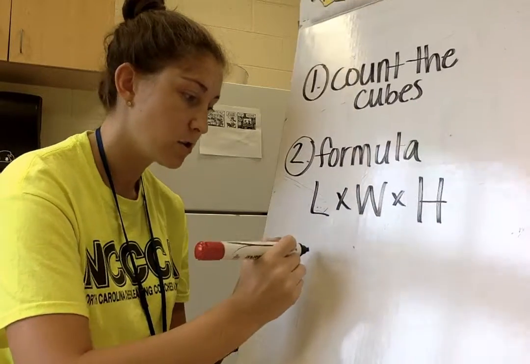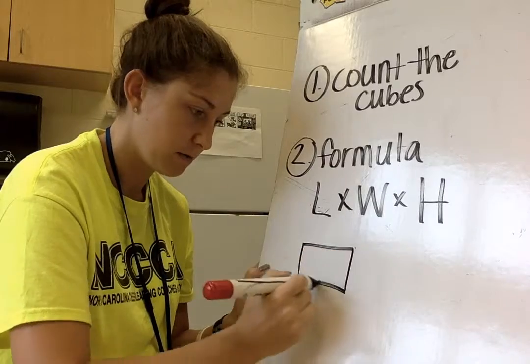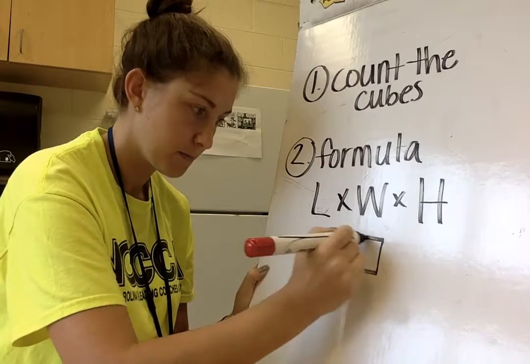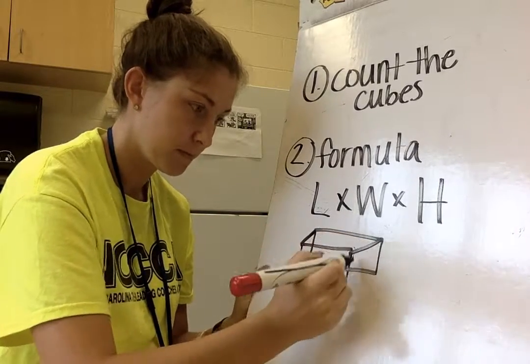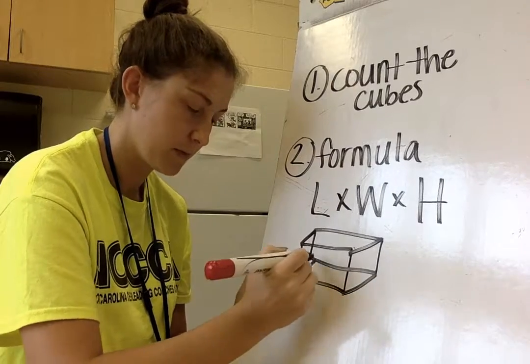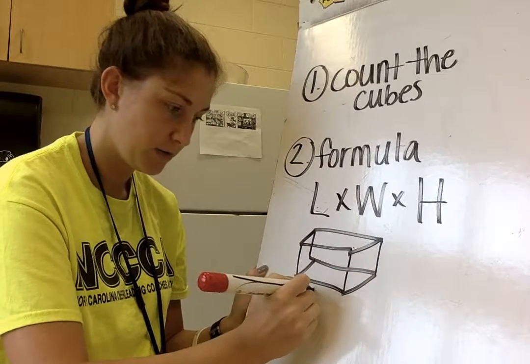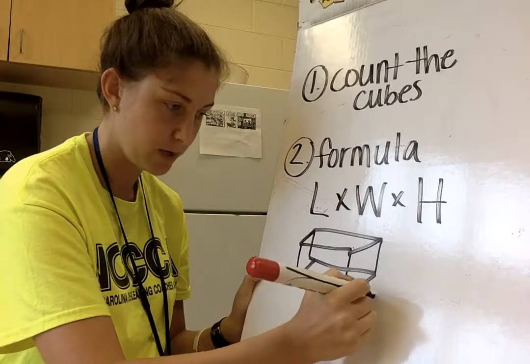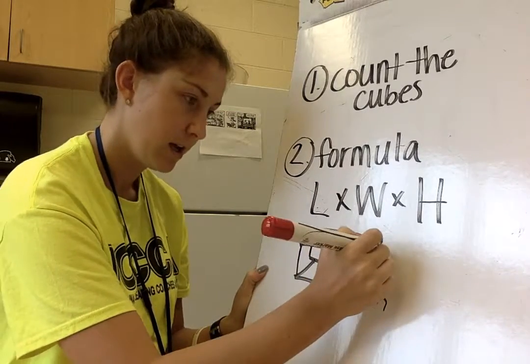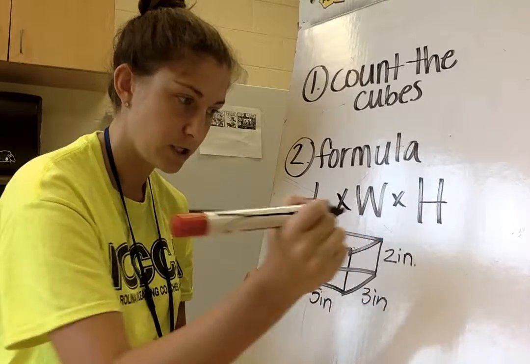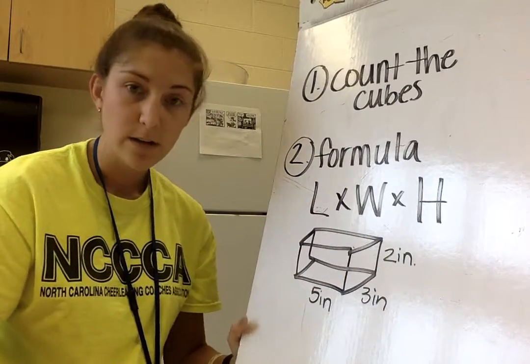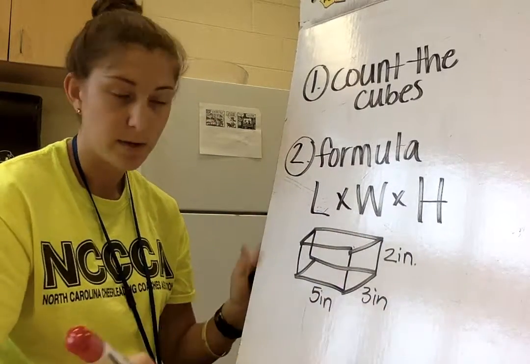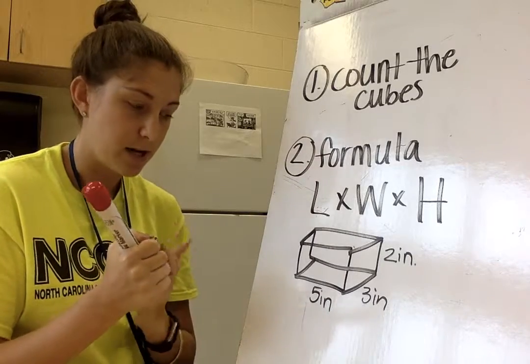So I could quickly draw a small figure right here. And if I tell you that the length is 5 inches, the width is 3 inches, and the height is 2 inches, I could quickly figure out what my volume is by just plugging in my numbers there.